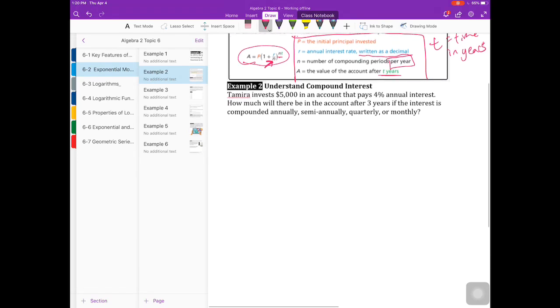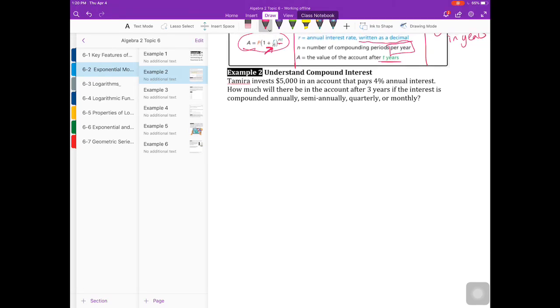So we're going to do several calculations here for Tamira, and I'm going to try to leave that equation up where you can see it. Annually, our N is just 1 because it's 1 time per year. So we would write A equals 5,000 times 1 plus 0.04 over 1 to the 1 times 3, because 3 is our number of years.